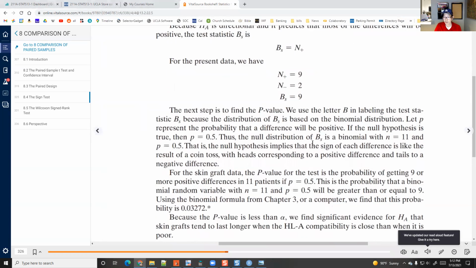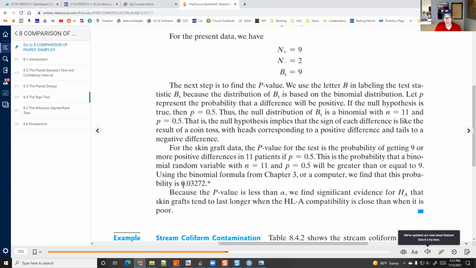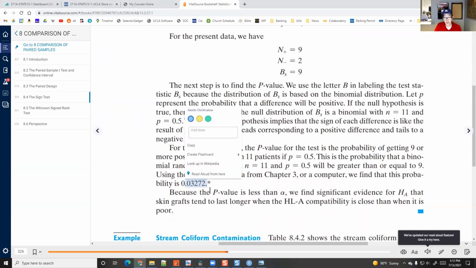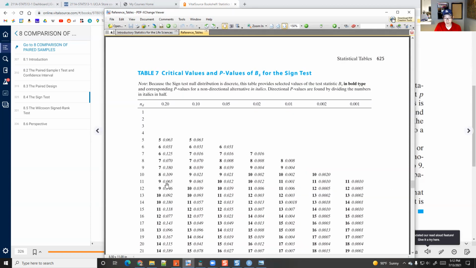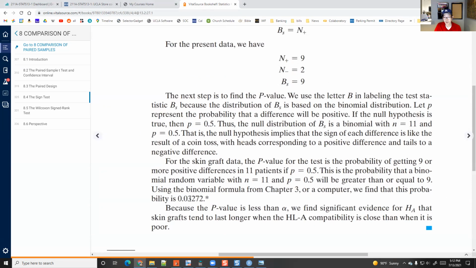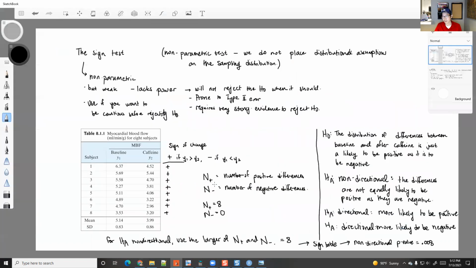So our corresponding p-value, well, apparently they got a little bit more accurate by using a computer, but we would have just done 0.065 divided by 2 and gotten 0.0325. They got something like 0.03272, but that's effectively what we would have gotten if we used the table as well, 0.0325. Is that okay as far as the system that we follow for the sign test?